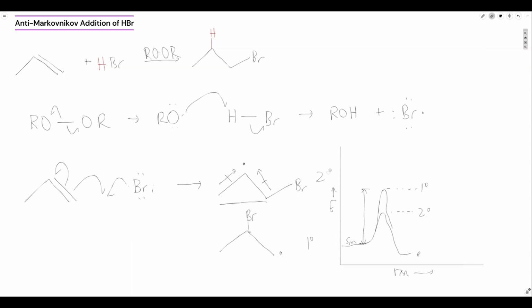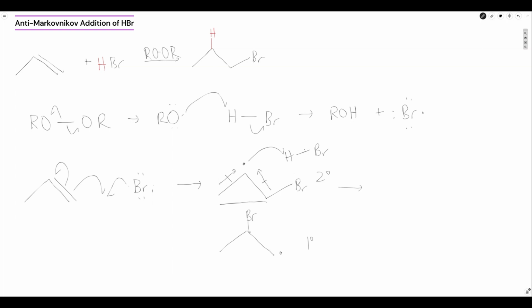And so what that means is that the product that you get of this reaction, of this chemistry, is the anti-Markovnikov product. In other words, it's the product of this reaction right here, where this radical does this single electron fishhook arrow.